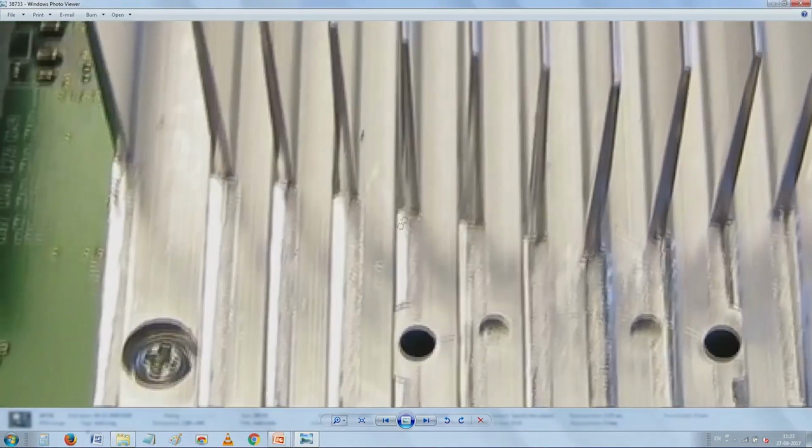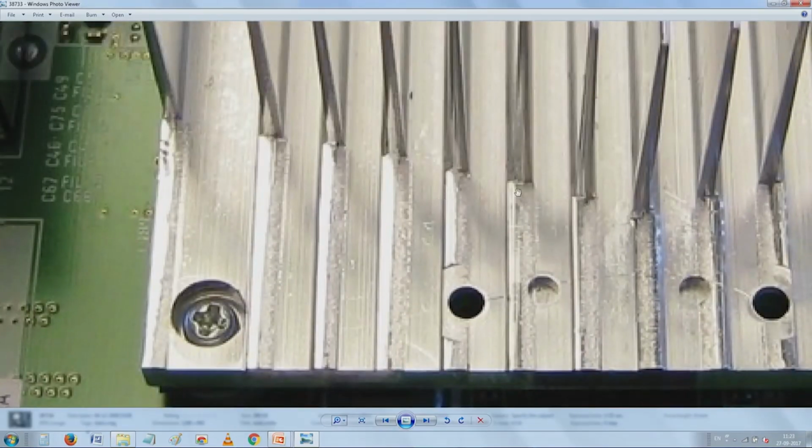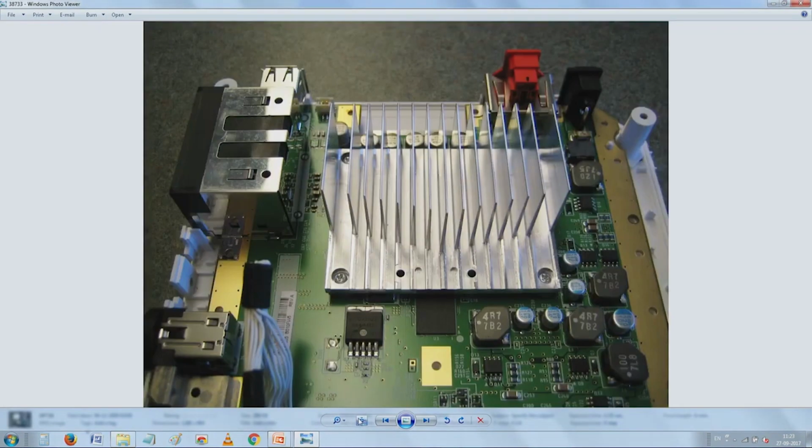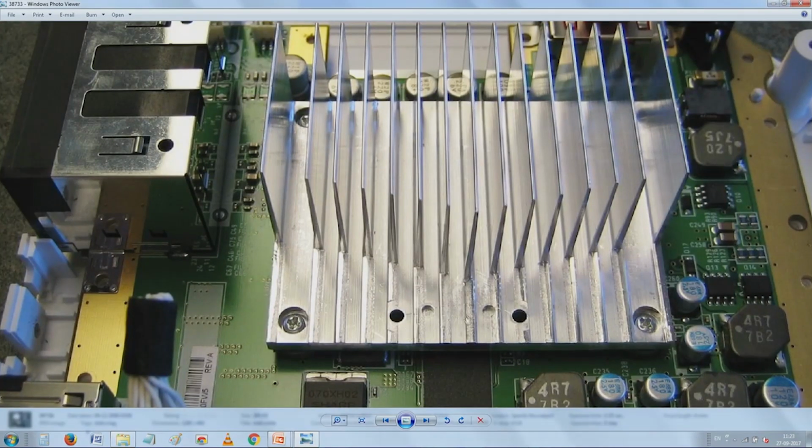If you see this profile, this seems to be a normal extruded heat sink, and then after the extrusion is done and everything else is done, they have gone about machining such that these screws sit here, and I am not very sure why these openings are there, but one thing you notice is it has been machined in a peculiarly geometric, ordered way.